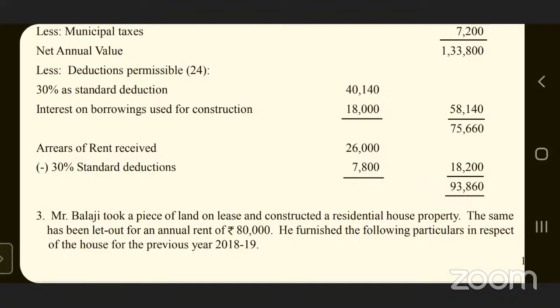So that arrears received after the calculation, that's why we need to add that arrears also. Means 26,000 he collected. And obviously the 30% deduction is available under that situation also. So that is why 30% of 26,000 is also deducted. Ultimately, he is getting 93,860 as income from house property.